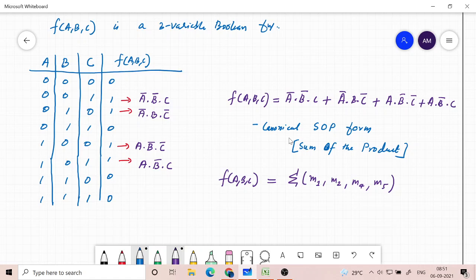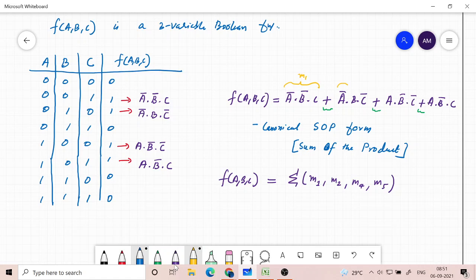Sigma means sum. This is a sum, this is a sum, this is a sum. All the sums you can write by using a sigma notation, and then each individual product term is what I am referring to here as M1.